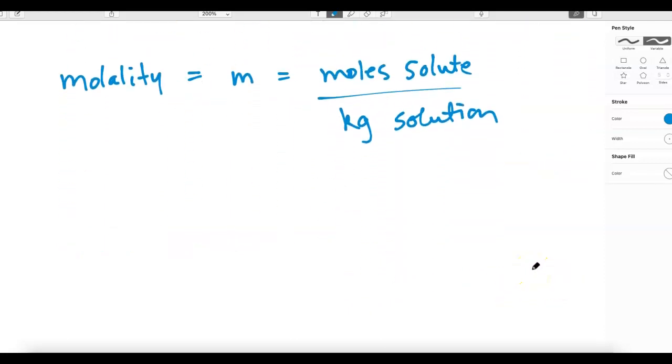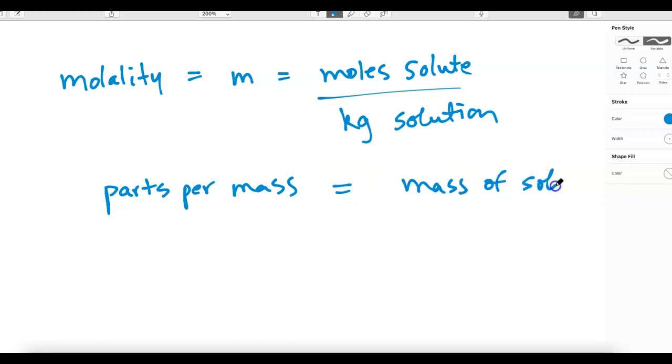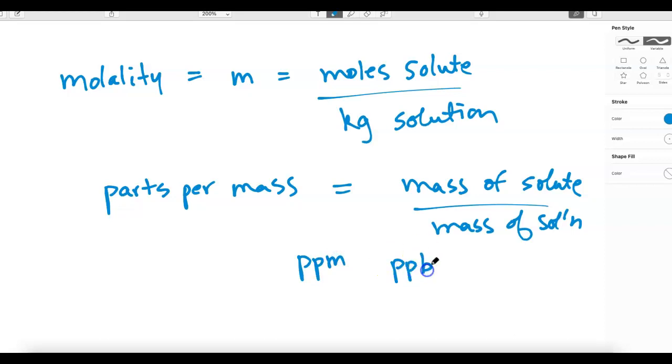Another one that you might see a lot is parts per mass. So this is just what it sounds like. It's the mass of the solute over the mass of the solution. And these include ppm, parts per million, ppb, parts per billion, ppt, parts per trillion.